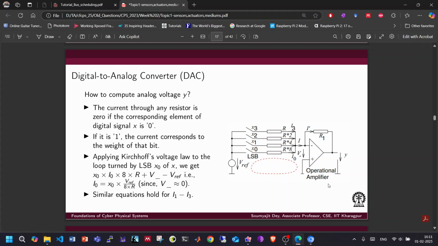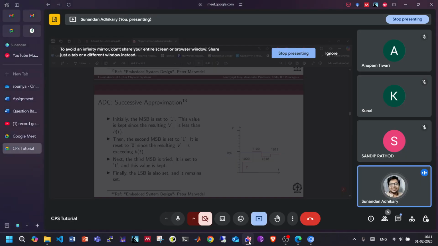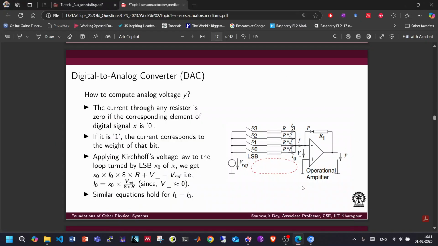You understood this math, right? Anyone who did not understand this math, has any problem with this math? This is very simple math using Kirchhoff's law. If you get the voltage along the loop, you will understand what is happening here.